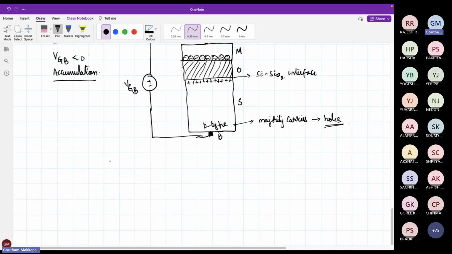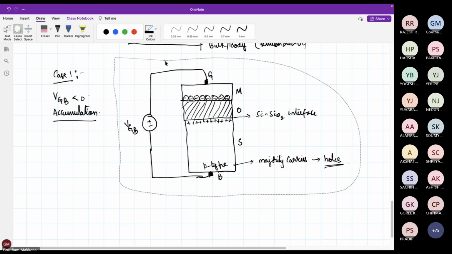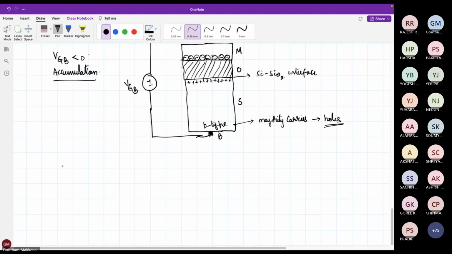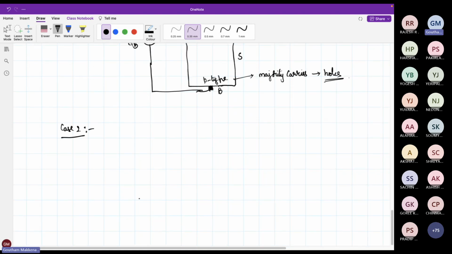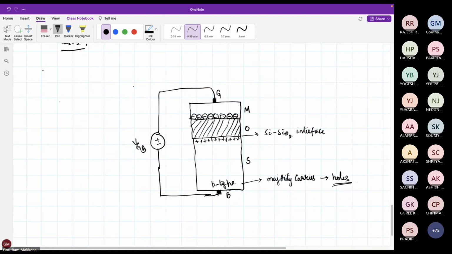Okay, right. So let me go to case 2. So let me copy paste this one. So what will I do now? What will my case 2 be? I'll apply a small positive voltage now. Right, tell me.